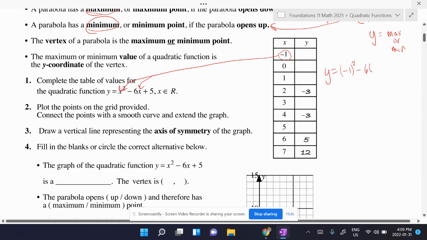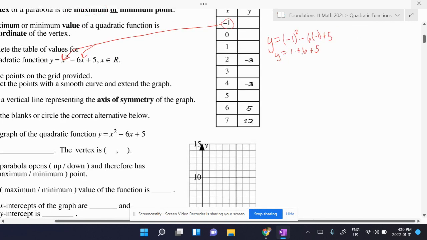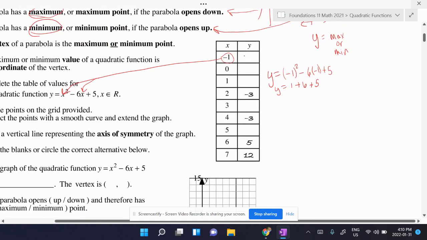Minus 6 times -1 plus 5. Okay, so that's y is equal to 1 plus 6 plus 5. Okay, so that is, sorry about that. That is 12.